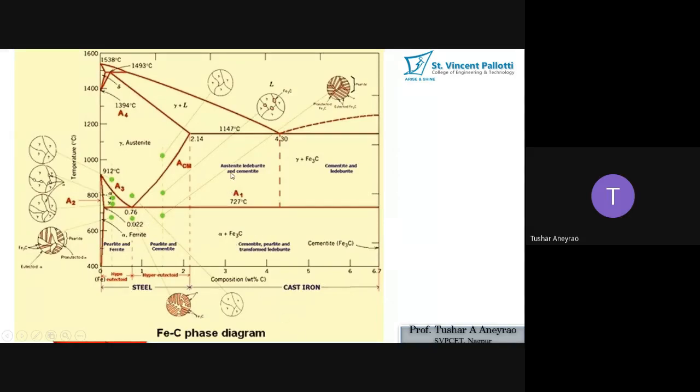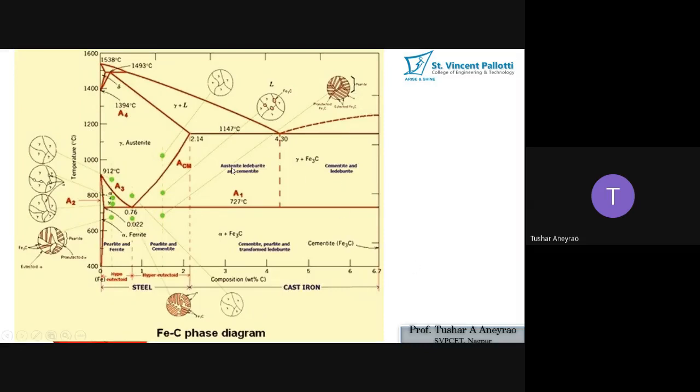Means if we are in this particular region at the left hand side of the eutectic point, there austenite will be more and cementite will be less, as compared to the right hand side region where austenite will be less and cementite will be more, because here more carbon is present, so more Fe3C will get formed by raising the carbon percentage up to 6.7 percent.